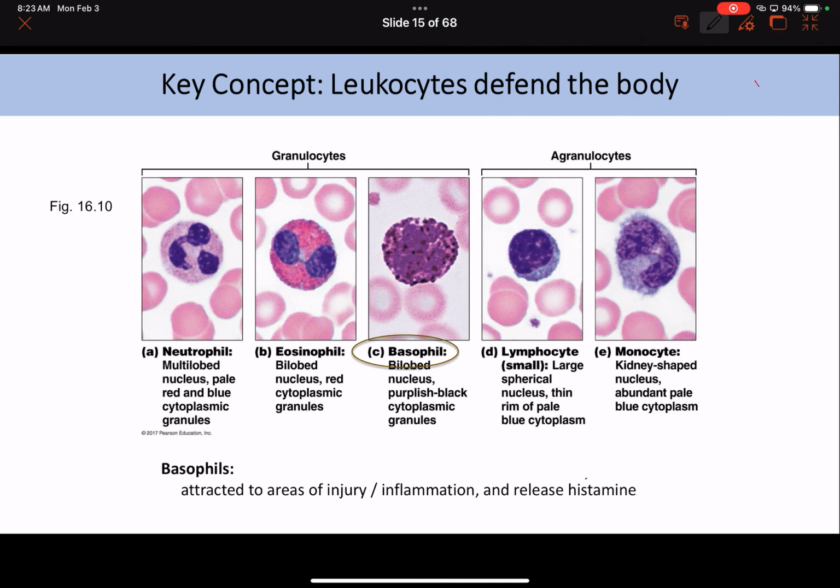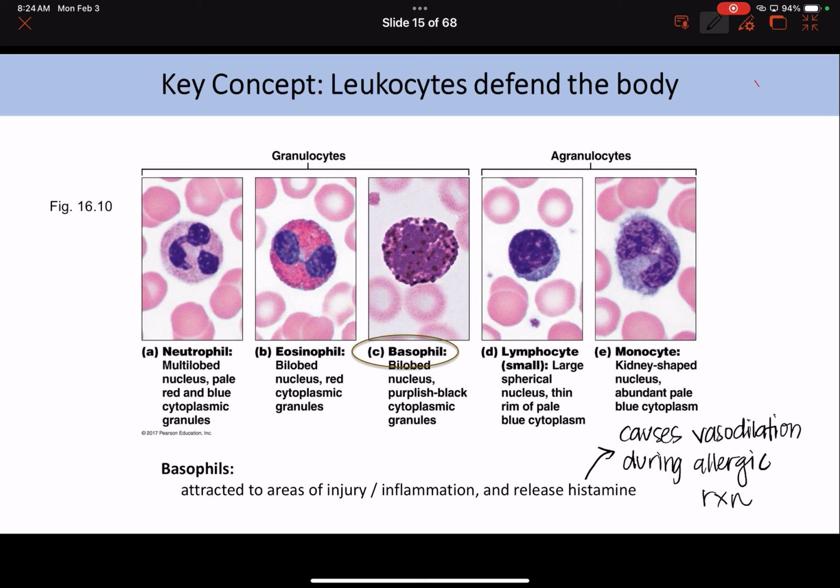So the histamine is going to cause vasodilation. It's going to make the vessels larger and more leaky. It causes vasodilation during an allergic reaction. And RXN is a shorthand for reaction.